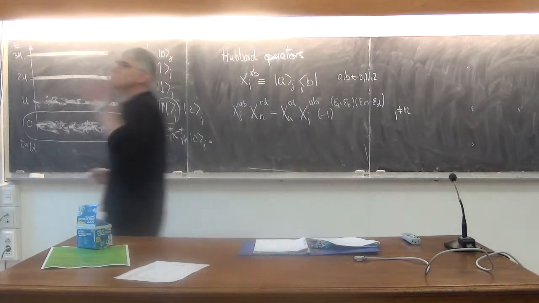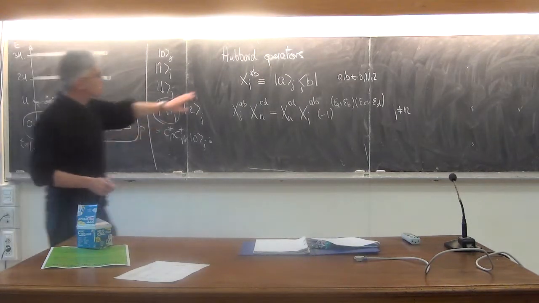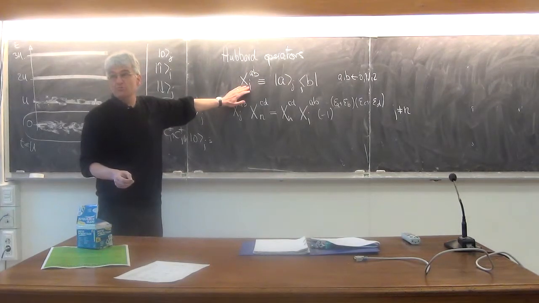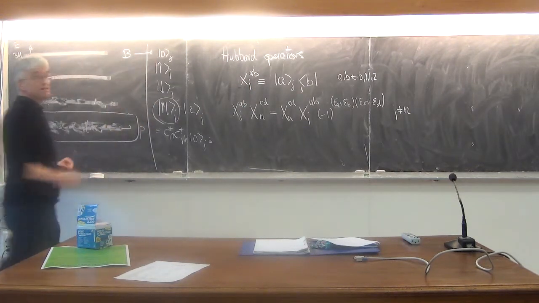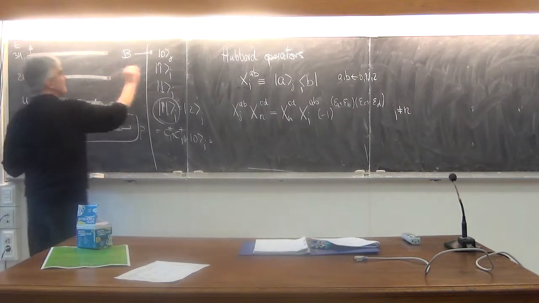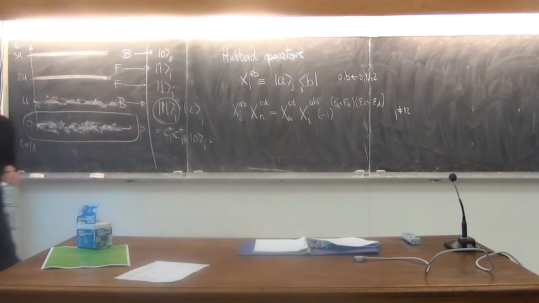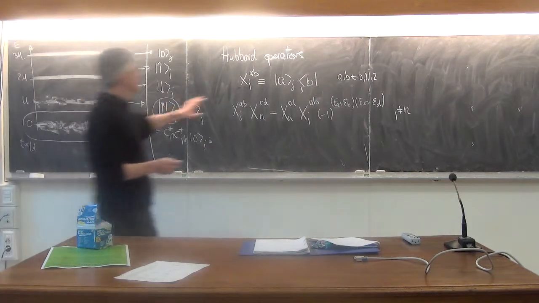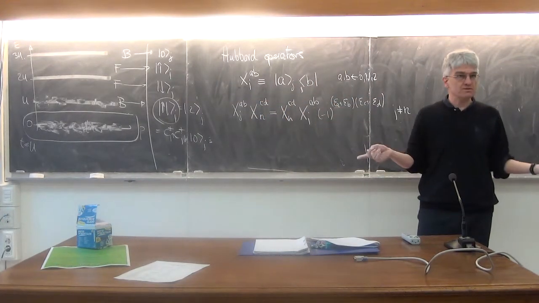Okay, so now where does this come from? It comes from the fact these operators can be either bosonic or fermionic. Yeah, because this state is bosonic, it's empty. This state is fermionic. This state is fermionic. But this state, once again, is bosonic because it has two fermions. Okay? So if I define these Hubbard operators, they can now either be bosons or fermions.